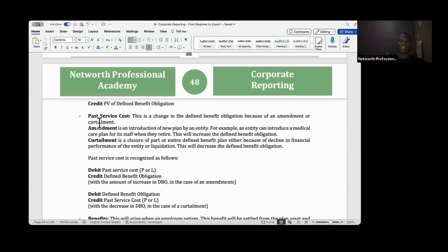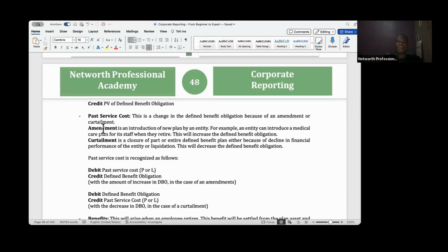So you see that change in obligation as a result of this amendment, which is an introduction of a new plan, that change is a past service cost. And it can also be a curtailment.